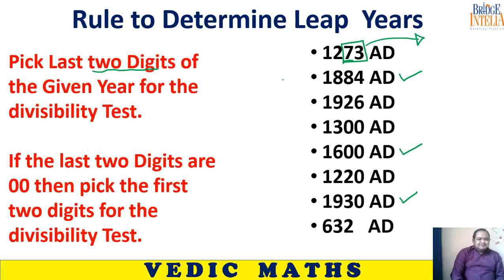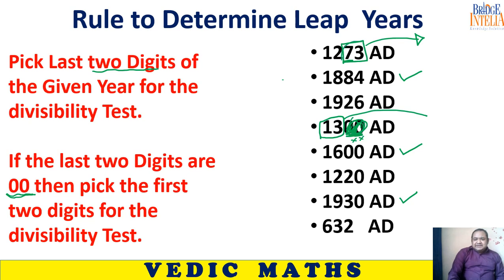In case the last two digits are 00, for example 1300 AD, then we don't pick 00. Picking 00 is not allowed. So there is an exception: if the last two digits are 00, then pick the first two digits instead.